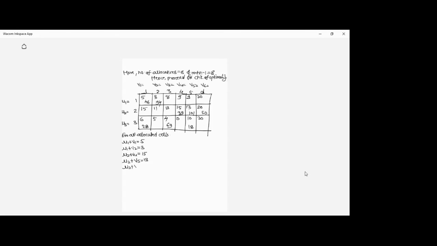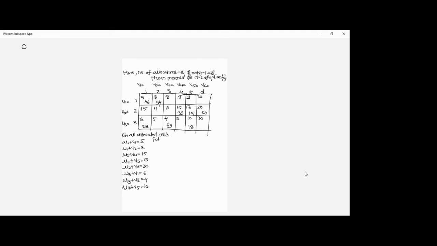Nextly, u2 plus v6 is equal to 20, u3 plus v1 is equal to 6, u3 plus v3 is equal to 4, and lastly u3 plus v5 is equal to 10, right?